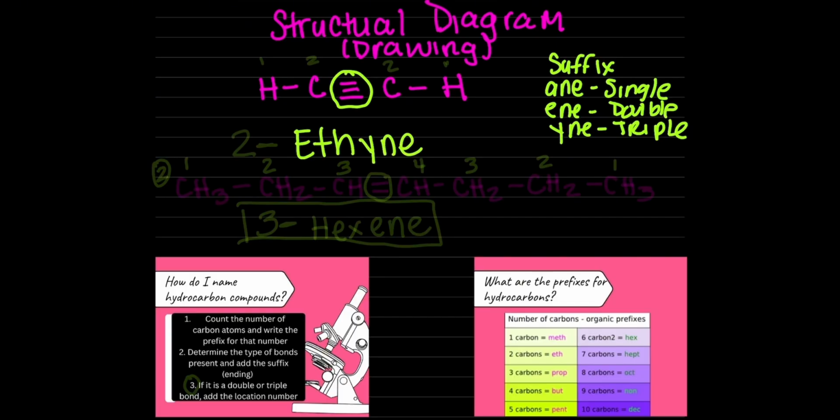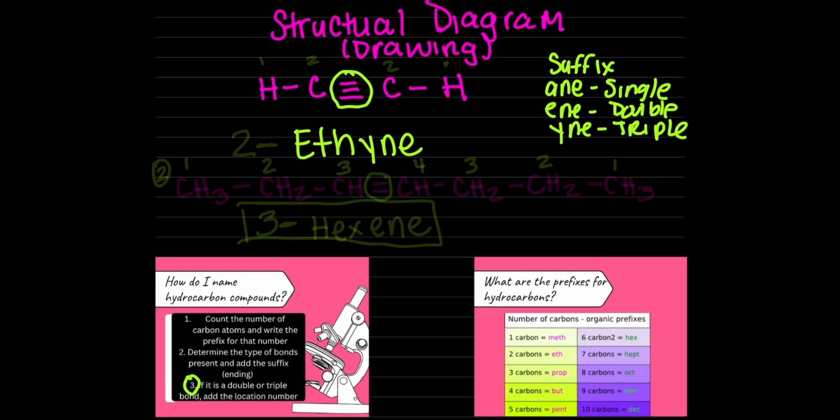Now, I would think that I'm done, but if we look at our third step, it tells us if we have a double or triple bond, to write the location number. And this step is very important when it comes to structural diagrams. You would notice that we did not write the location number when they asked for us to write the name or when they gave us the formula.